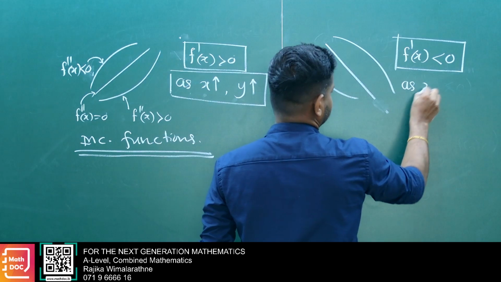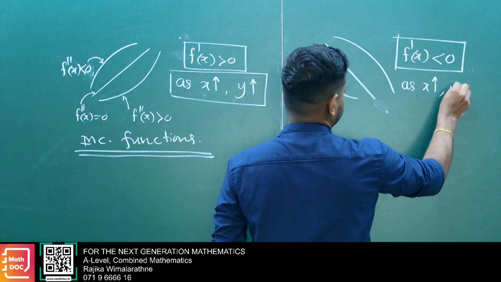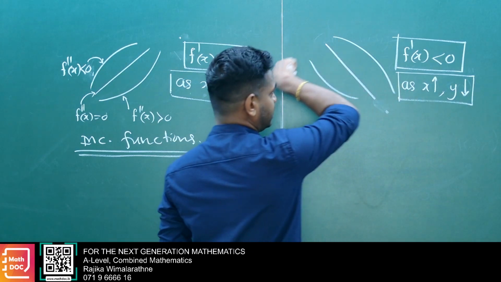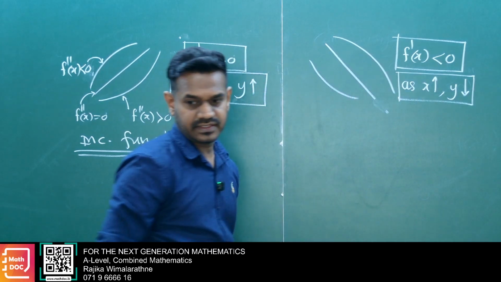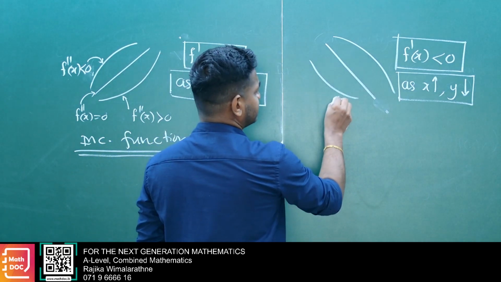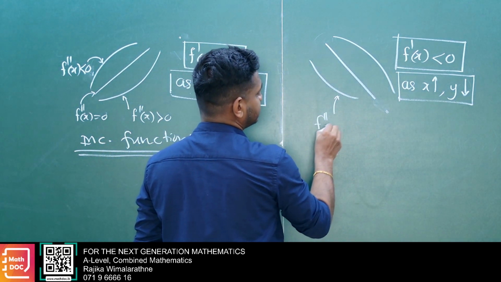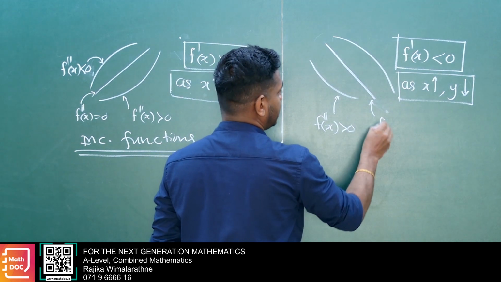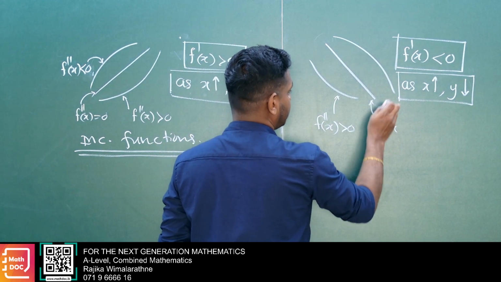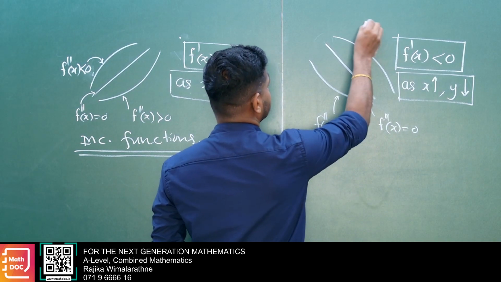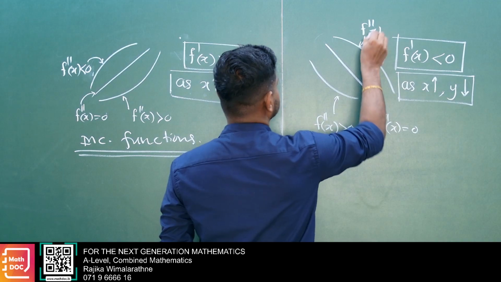Then as x increases, y decreases, no? Decreasing function. And for this case, especially, f double dash x is concave up, positive. For this case, f double dash x is 0. And for this case, f double dash x is negative.